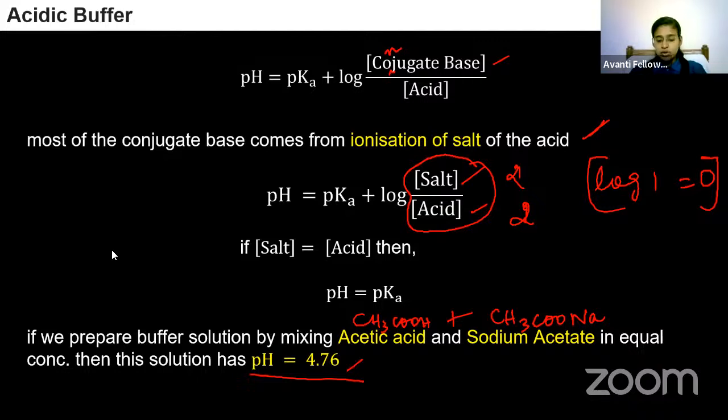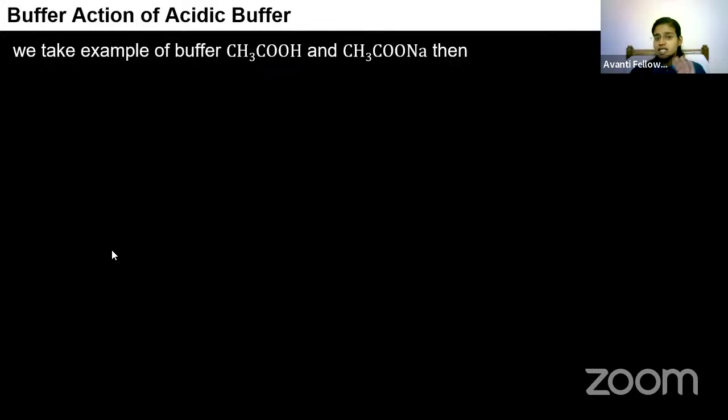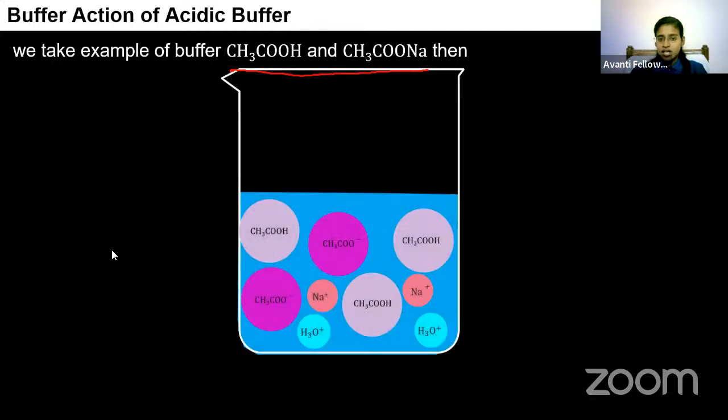Now we will study the buffer action of this acidic buffer. This is the example we took from the beginning of the acidic buffer solution. Let me discuss the buffer action of this acidic buffer system. I have a container, and inside it we have the weak acid, acetic acid, and the salt CH3COO minus Na plus.